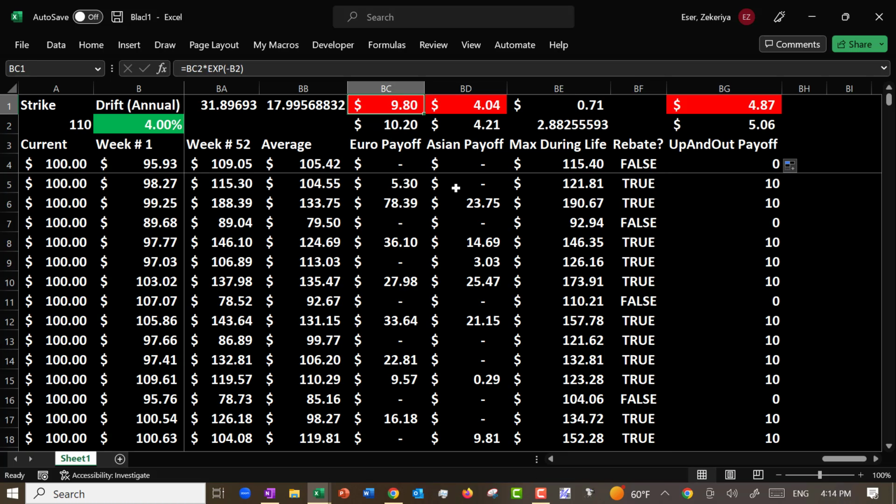European option costs 980. 100 call with a 110 call. With a 120 barrier with rebate costs about half. It's nice. You can add other features.